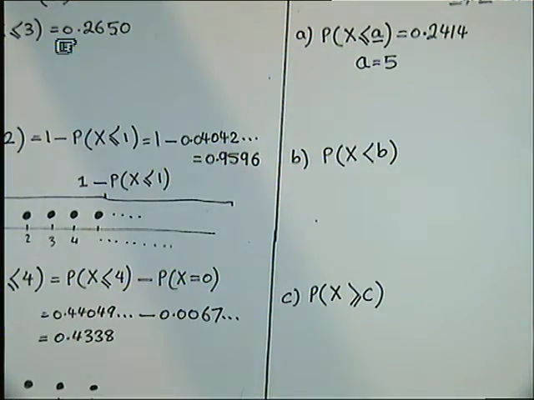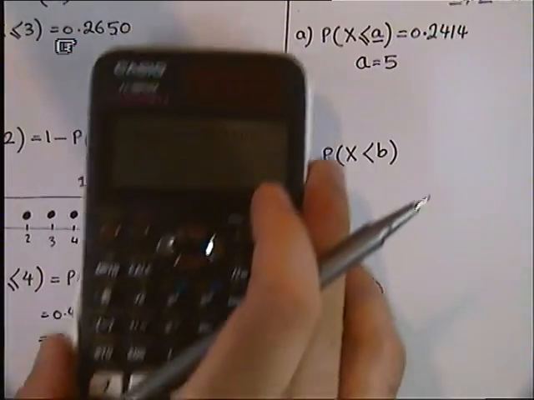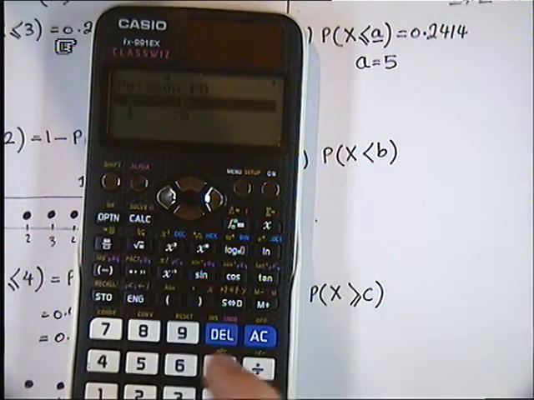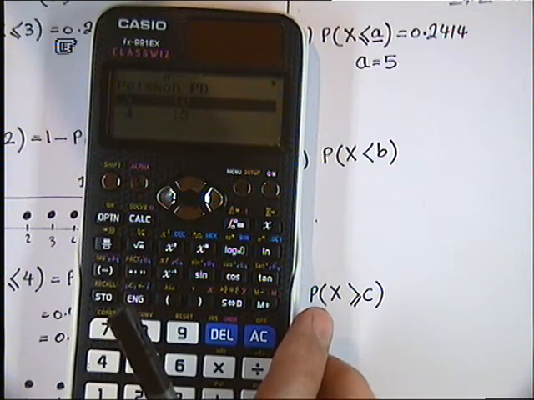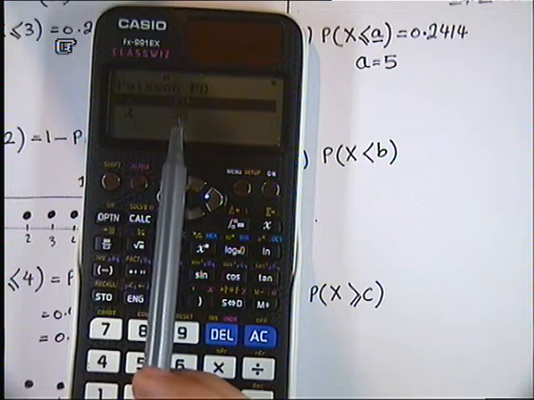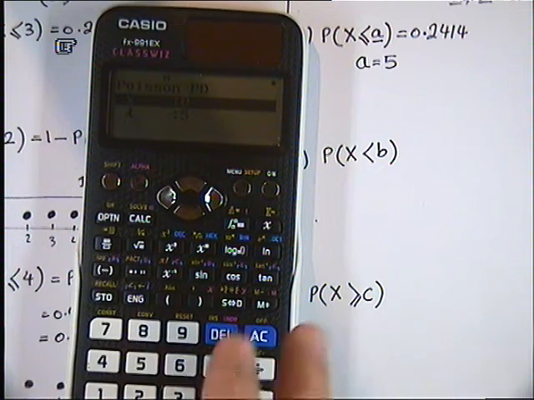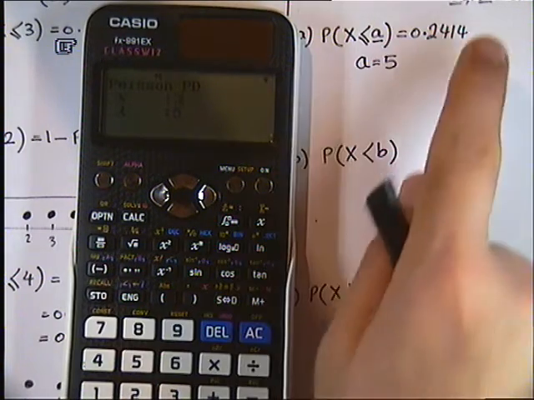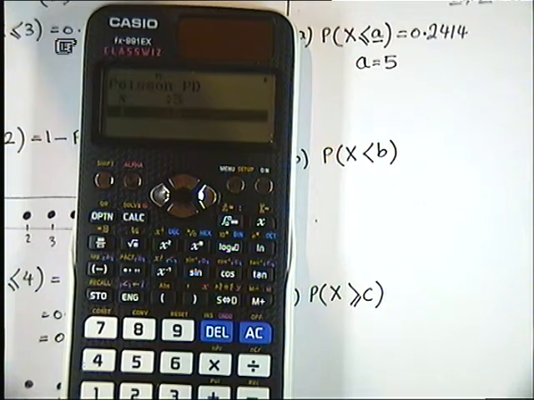However, you can use the calculator again. In this case, what we need to do is insert the x values by trial and error. Let's say I enter 3. I know the lambda, which is 7.5.